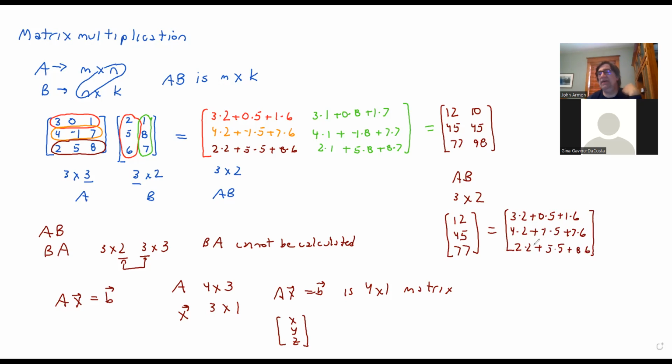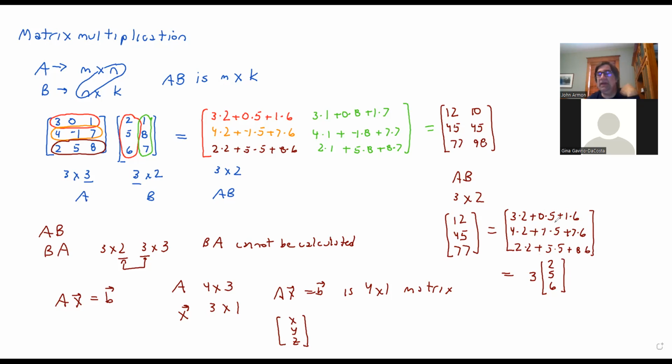So when you think of this as a linear combination, you can once again see that the 2 and the 5 and the 6 are all going to be the same. So if I take 3 times 2, 0 times 5, and 1 times 6, that's going to produce the 12.